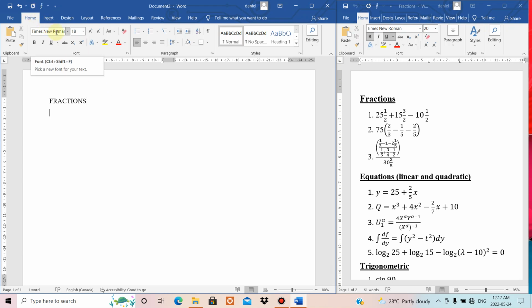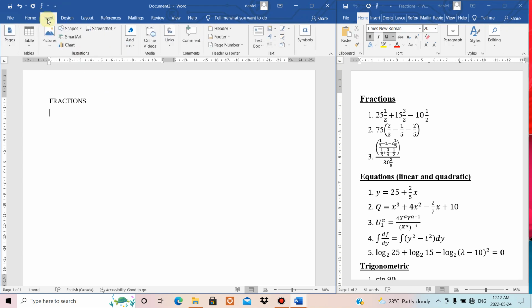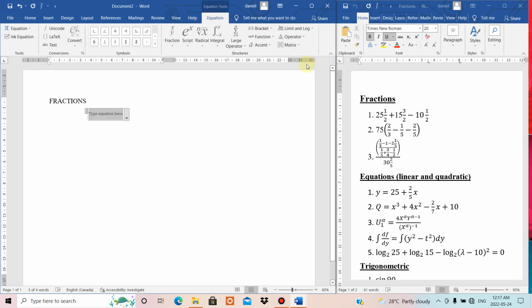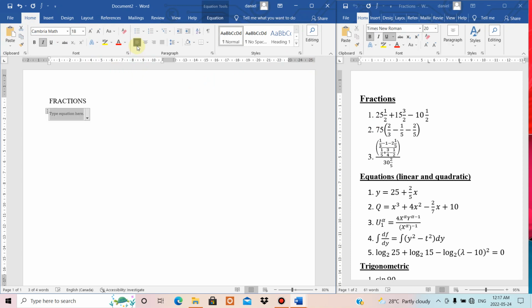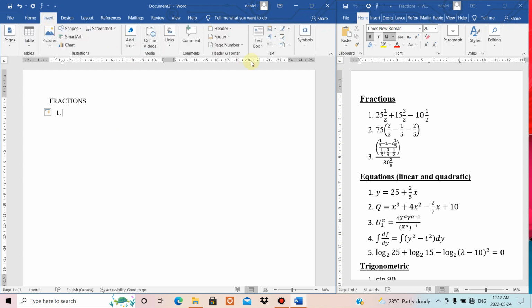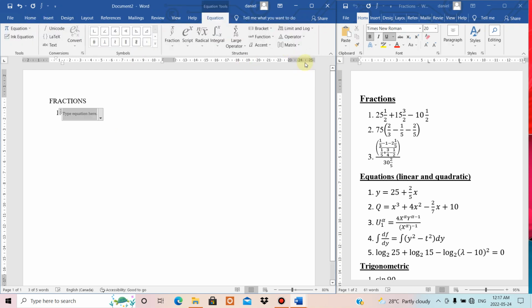Now if you want to type your fractions, the first thing is that you click on insert, go to symbols, click on the equation sign. I want to align to the left. So let me number it. So go to insert, symbols, equations.